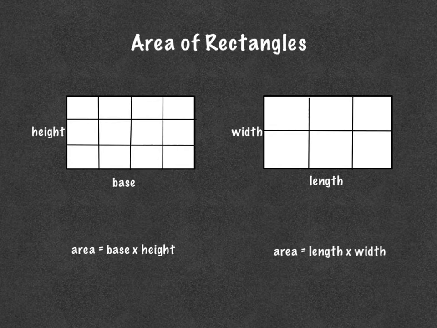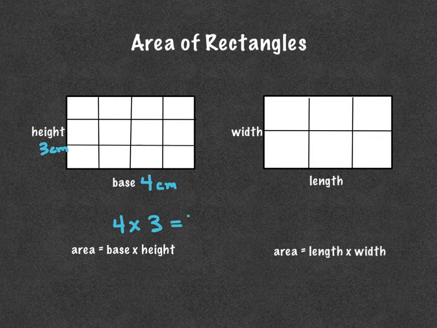So for example, we're going to do 2 different problems here. Let's say that the base here is 4, and we'll say they're centimeters. And this side, the height, is 3 centimeters. So the problem would be base 4 times 3, which would be the height, and 4 times 3 is 12. And we can see that it's measured in centimeters, so we're going to write centimeters here.